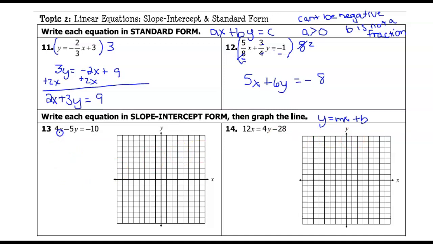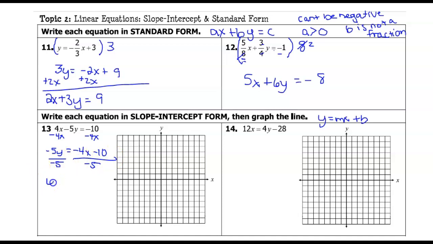In order to do that, I am going to subtract x. I want to move that to the other side of the equation. So I would have a -5y equals -4x minus 10. And then I want to solve again this whole equation for y. So I'm going to divide everything by -5.